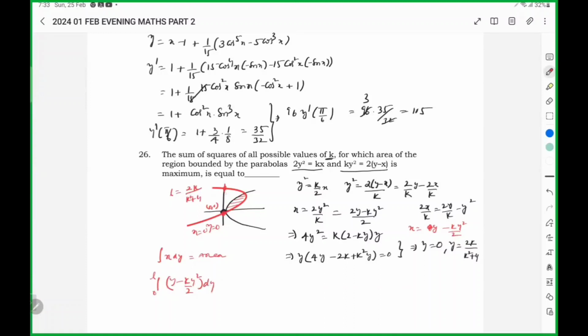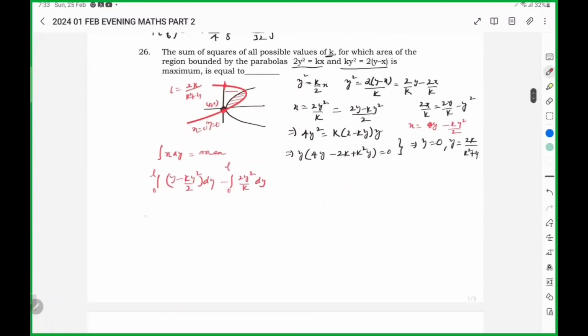That gives you this total area minus 0 to L the area under y square equal to k by 2x, that is 2y square by k dy. 0 to L, y minus ky square minus 2y square by k dy, minus k by 2 y cube by 3 between 0 to L.